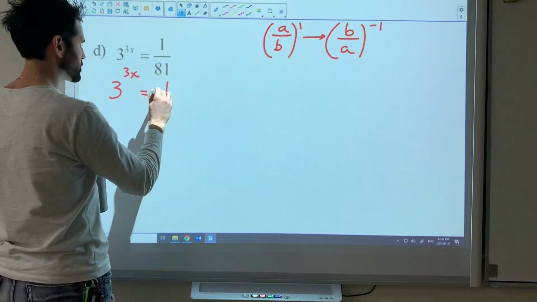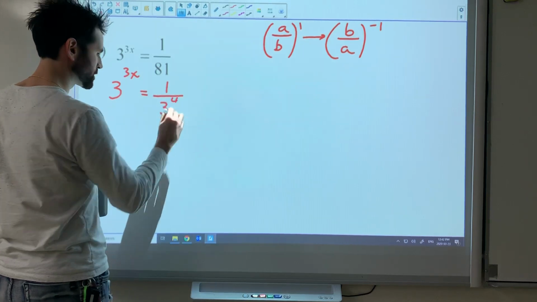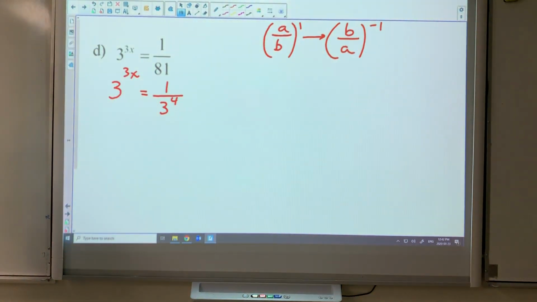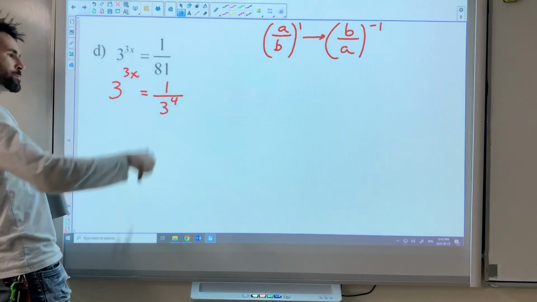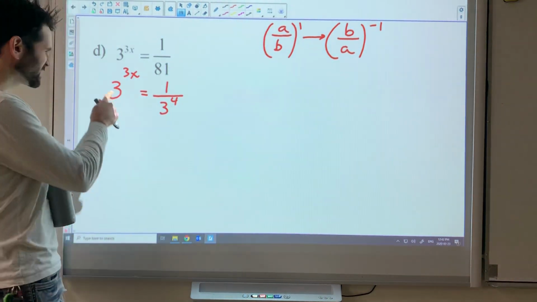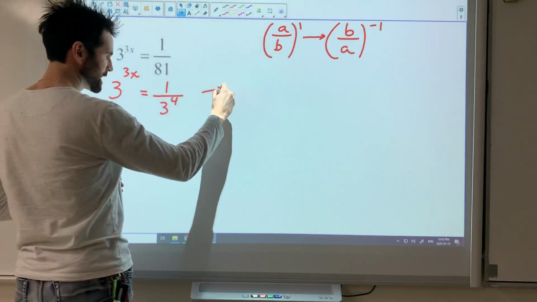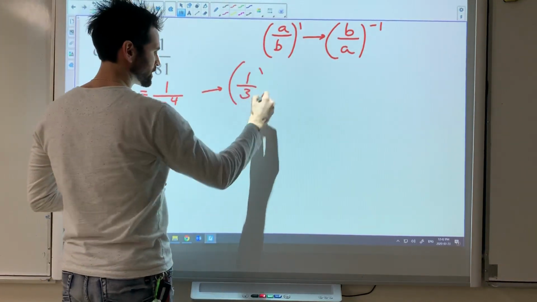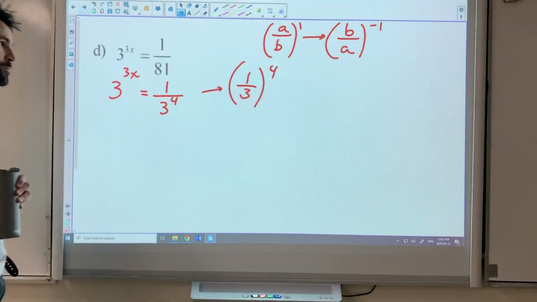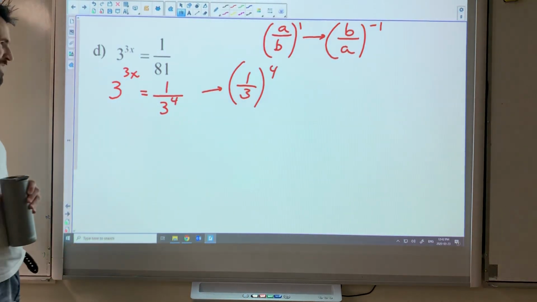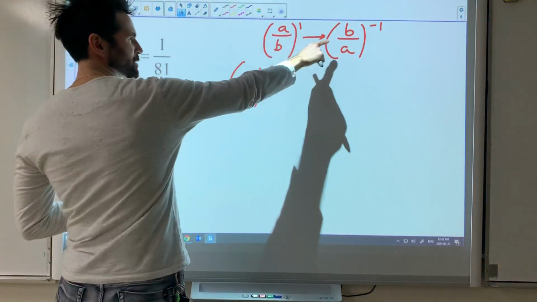And the answer is, yeah, you sure can. 81 is 3 to the power of 4. Okay, 3 to the power of 3 is 27, 3 to the power of 4 is 81. I still don't have the same base, right? Because you could think of that as a base of a third, right? So 1/3 raised to the power of 4 is 1 over 81.